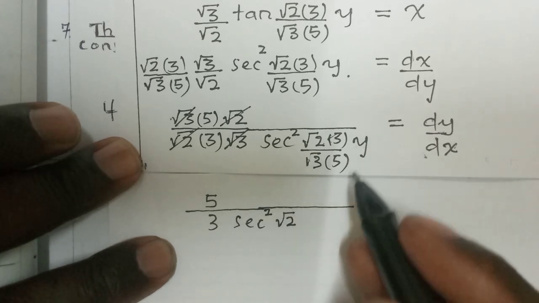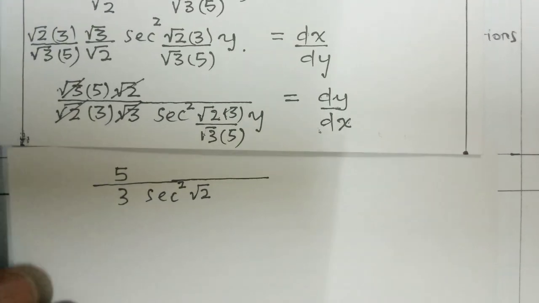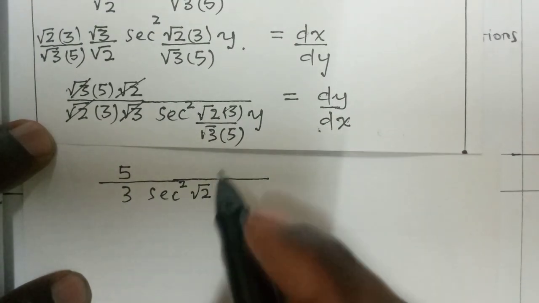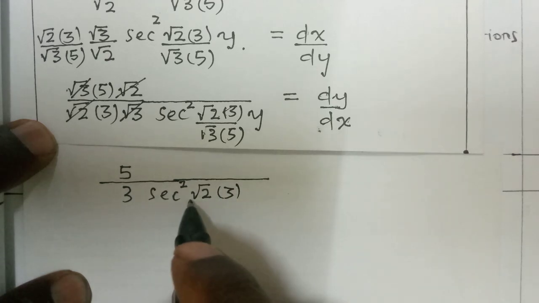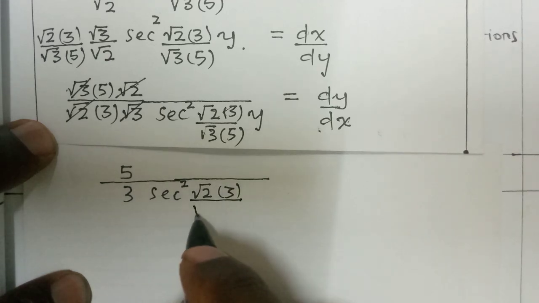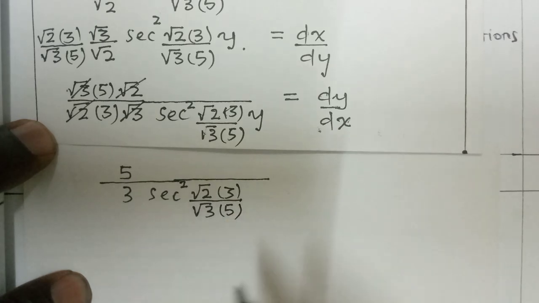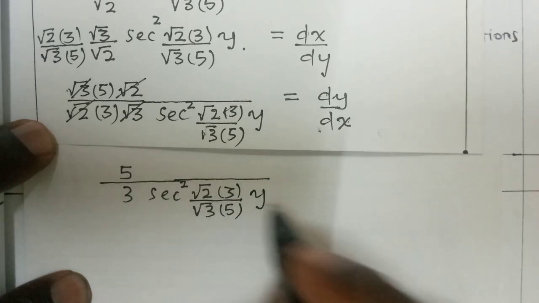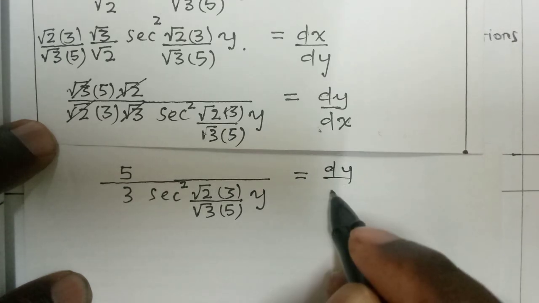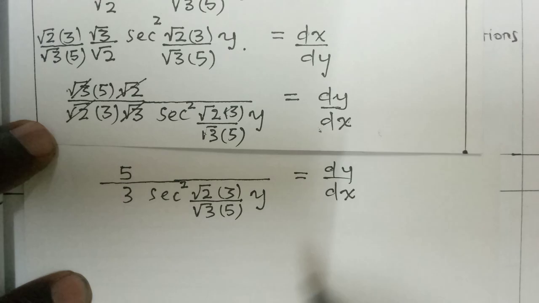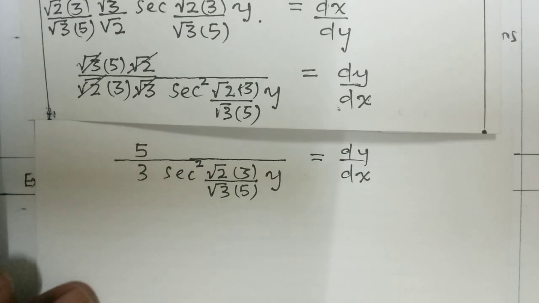Then we have here that is 3. This is 3. Then we have root 3 there. We have 5 there. And then here we have y, like that. So this one gives us dy/dx. So guys, now maybe I can put my dy this side.